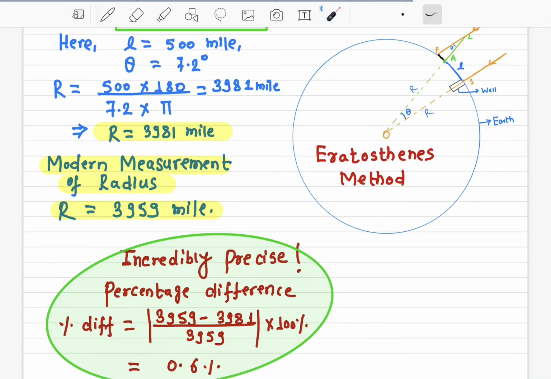This is remarkably well done, and nothing can be done better than this. This is an absolutely wonderful observation and measurement, and this is how he calculated the Earth's diameter.